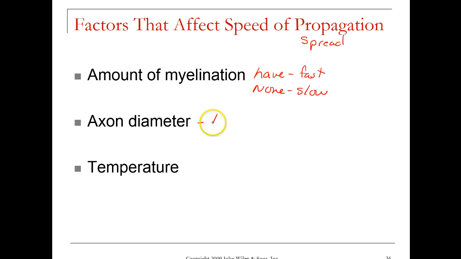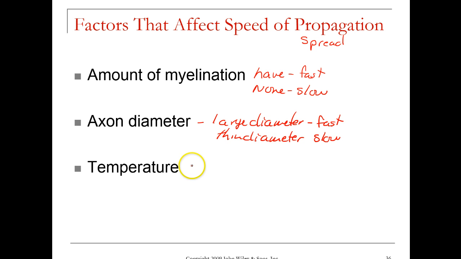Axon diameter: a large diameter will be fast, a thin diameter will be slow. And then to a small degree, temperature.